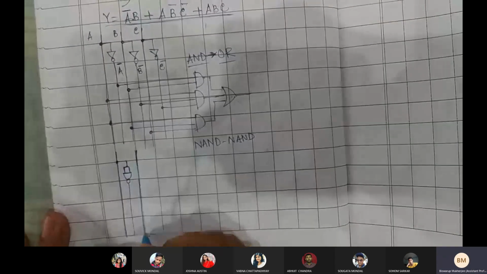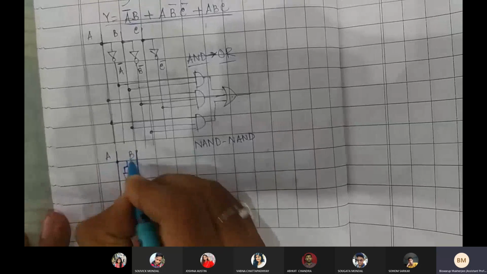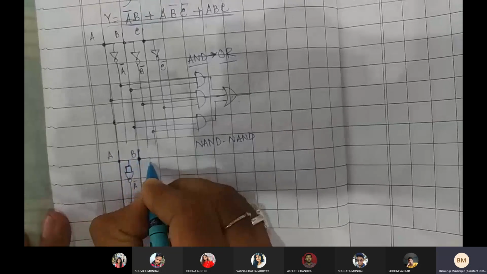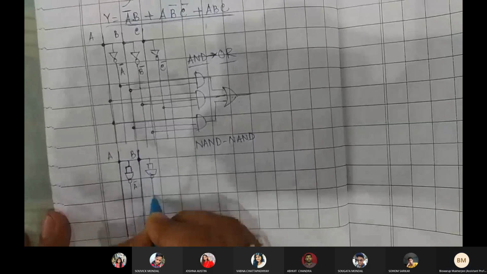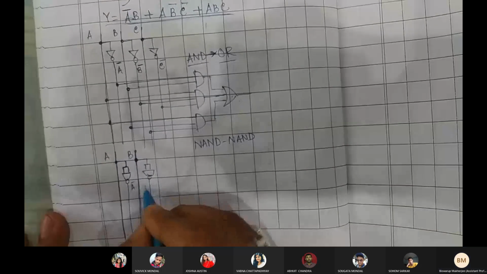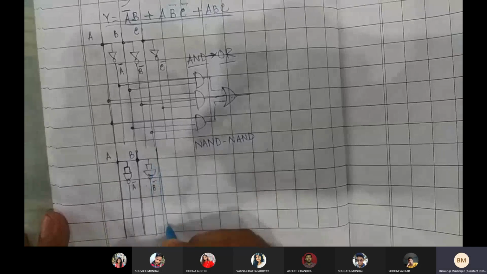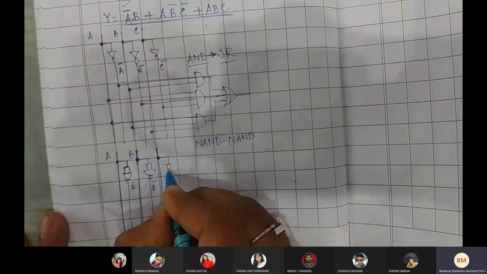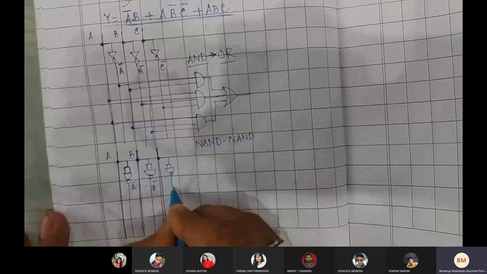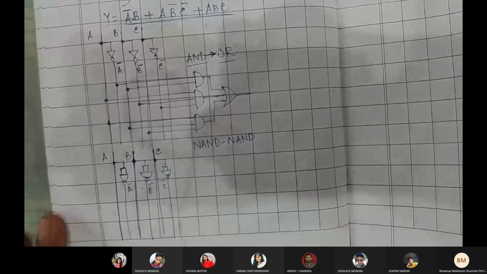So that is A, that is A bar. Similarly for B, we get B bar using NAND, followed by C bar. This is also the same, a NAND is there, giving C bar. So that is C.